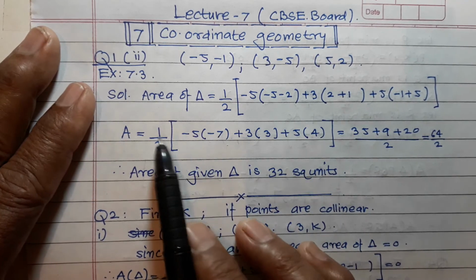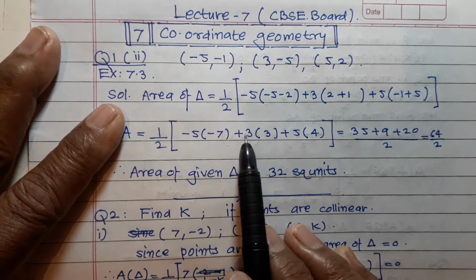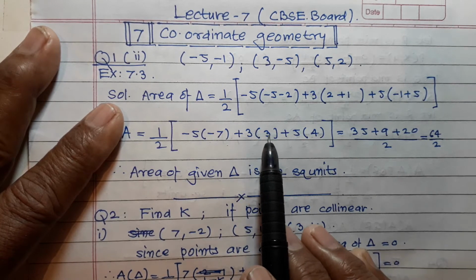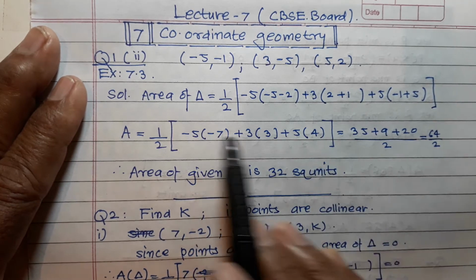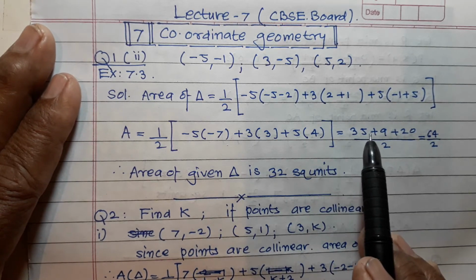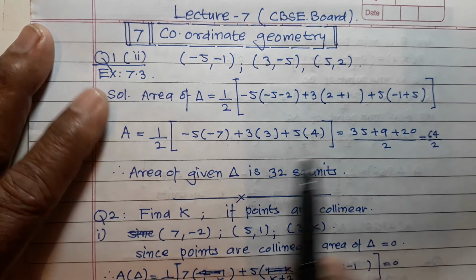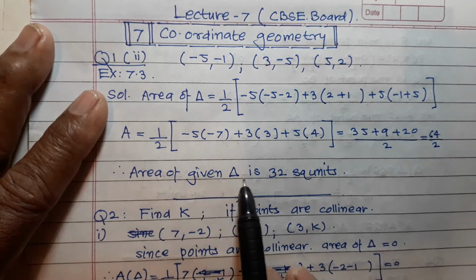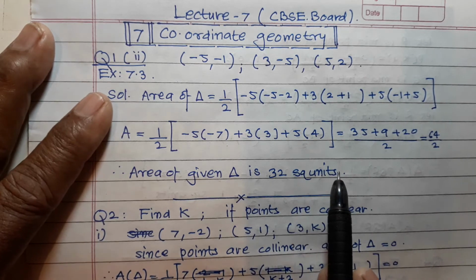Simplify this: 1 upon 2, minus 5 into minus 7, plus 3 into 3, plus 5 into 4, gives you 35 plus 9 plus 20 upon 2, and hence the area of the triangle is equal to 32 square units.